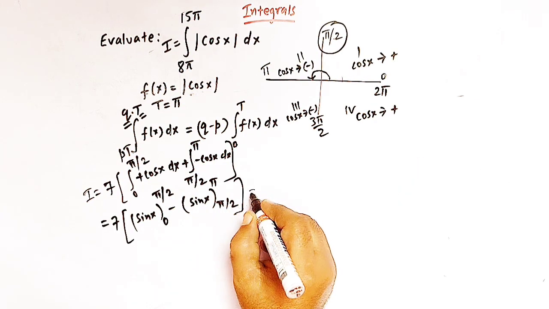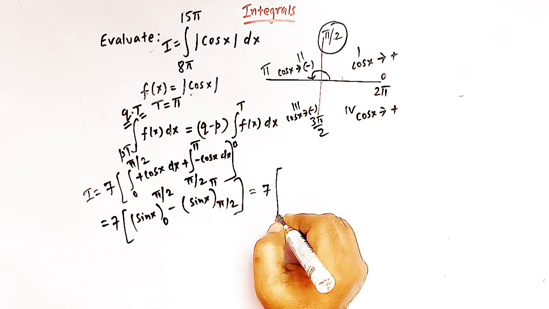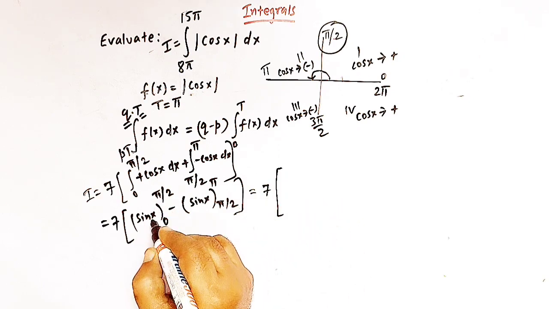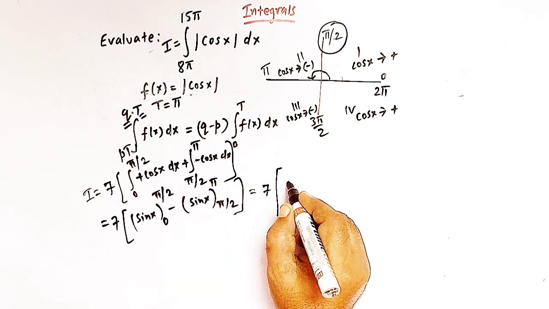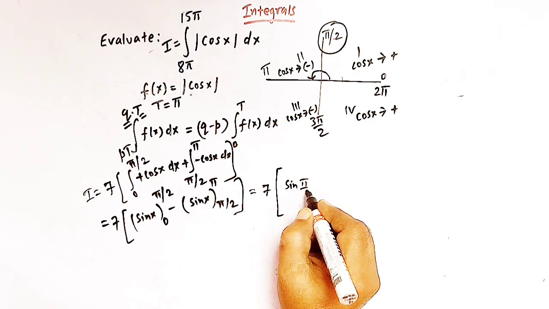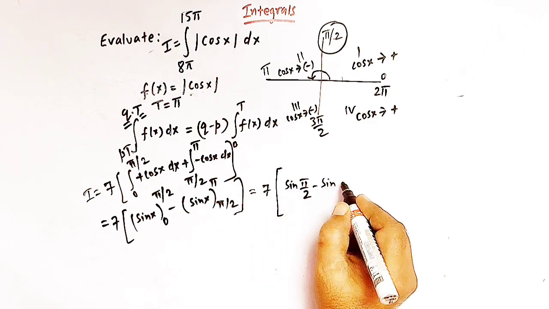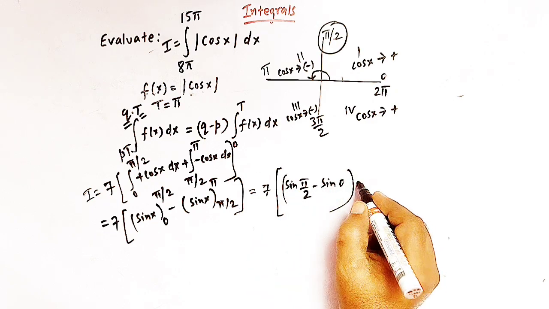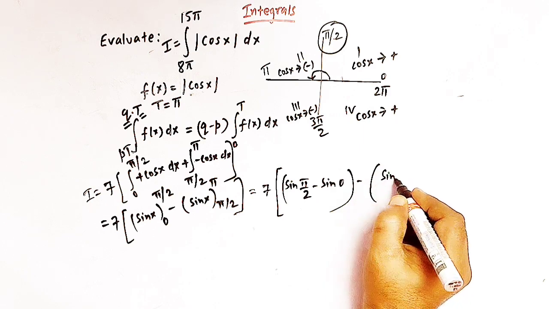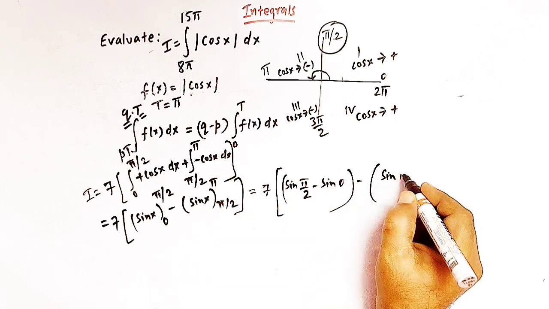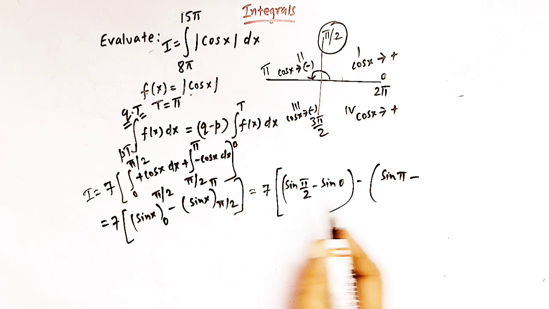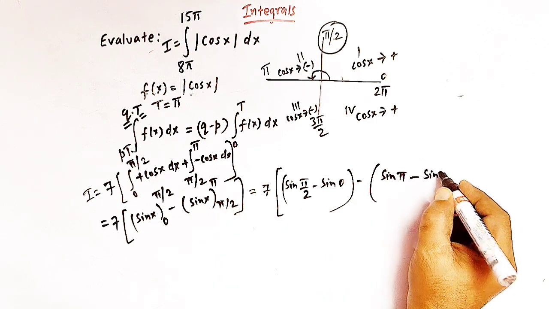So now let us simplify it. We have 7. First we take x equal to pi by 2, so we have sine pi by 2 minus sine of 0, and then we have sine of pi and sine of pi by 2, right?